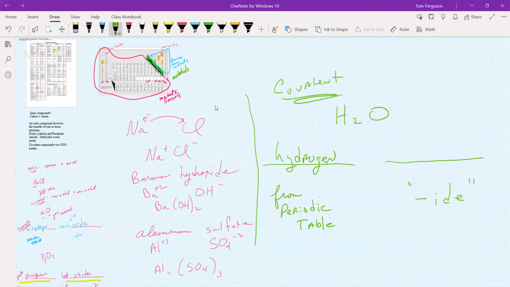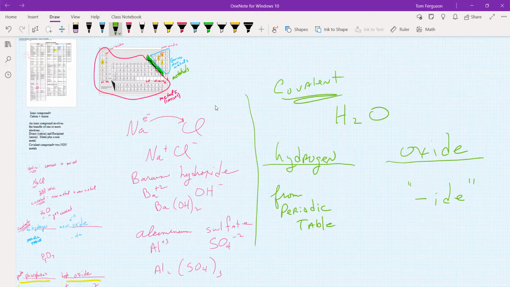It's a non-metal. Well, what's its specific name? On the ion chart. Yeah, oxide. So this is hydrogen oxide.